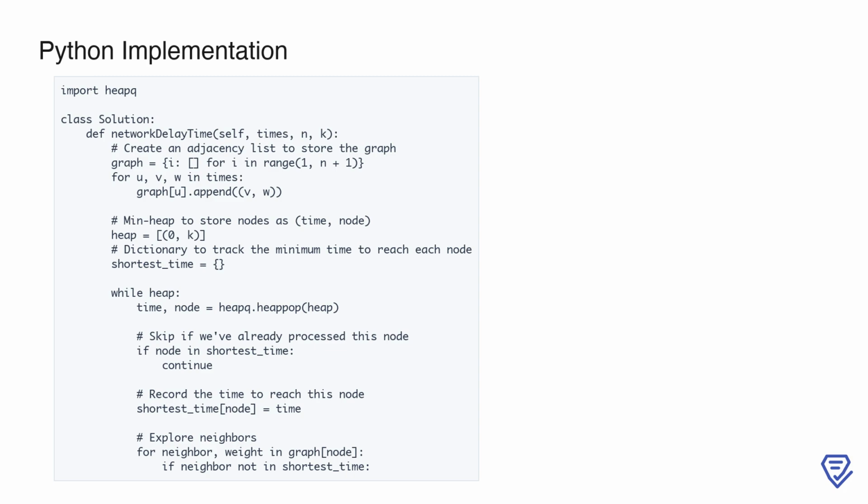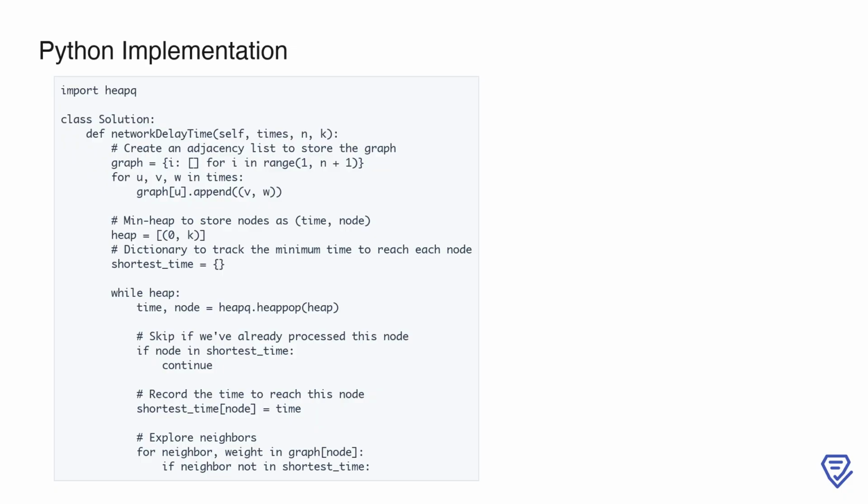Next, we initialize a min heap with a tuple containing the starting time of 0 and the source node k. We also create a shortest_time dictionary to record the minimum time required to reach each node. Then, we enter a while loop to process nodes in the heap. On each iteration, we pop the node with the smallest time. If this node has already been processed, we skip it.